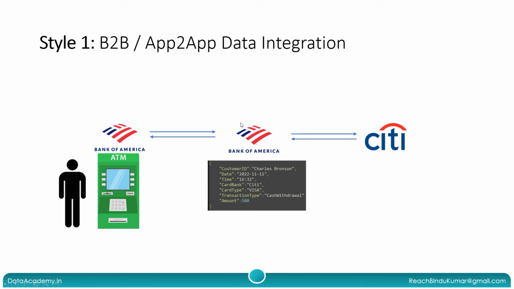So here, unless all the parties agree, the transaction is not committed, which means it is synchronous. Until all the parties agree, the transaction is never considered to be done. So this is called a synchronous transaction.